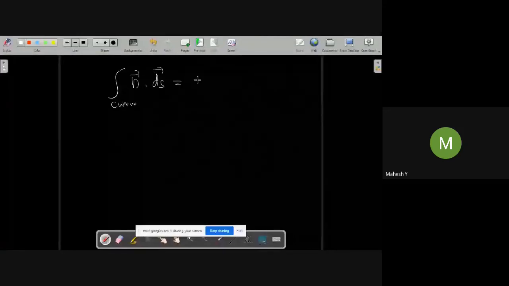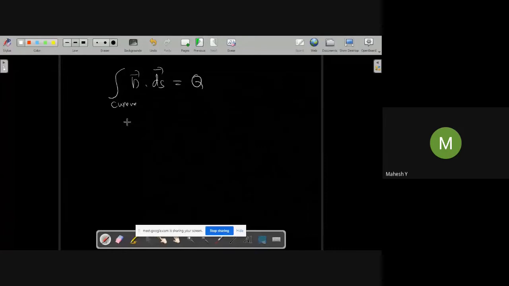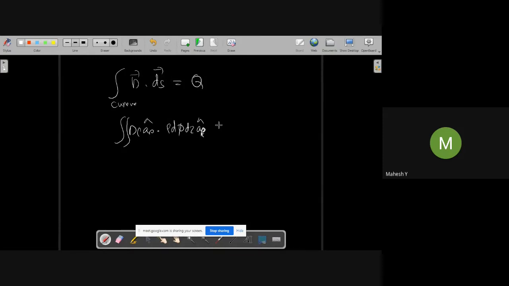So what is curved D dot dS? D is D rho a rho cap dot, what is the value of dS? dS will be rho d phi dz a rho cap, that is equal to Q. Now since both are in the same direction, a rho cap will be the same.